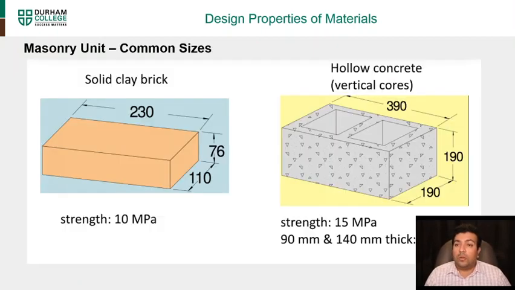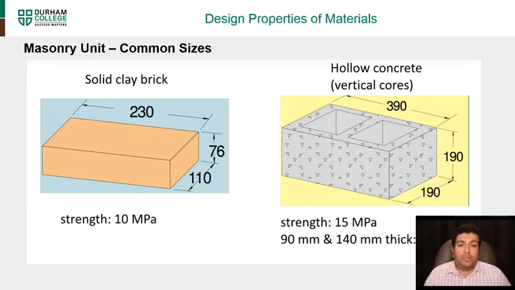Next up are the common sizes of a solid clay brick and a hollow concrete brick. A solid brick is usually 230 by 76 by 110 millimeters, and has a strength of 10 MPa.